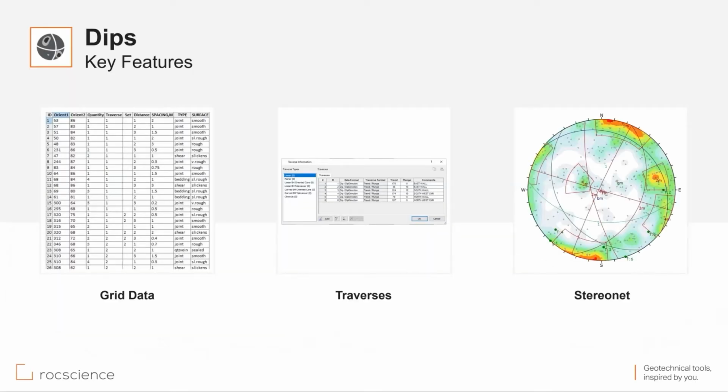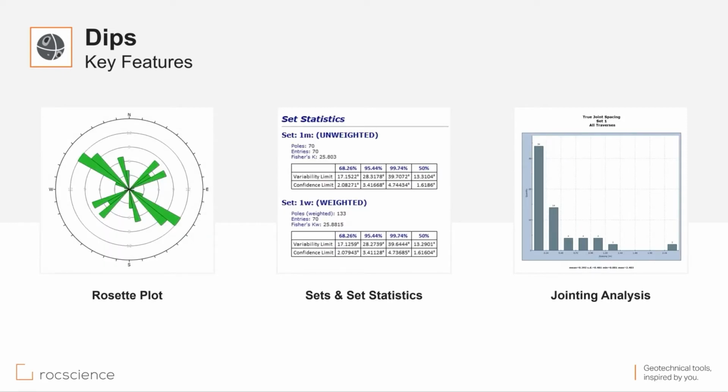The key features of DIPS include the grid data, for which individual orientation measurements are input into the program, traverses on which the orientation data is recorded, and the StereoNet view to visualize the orientation data. In a rosette plot, we can visualize the radial strike or dip frequency of our vectors.